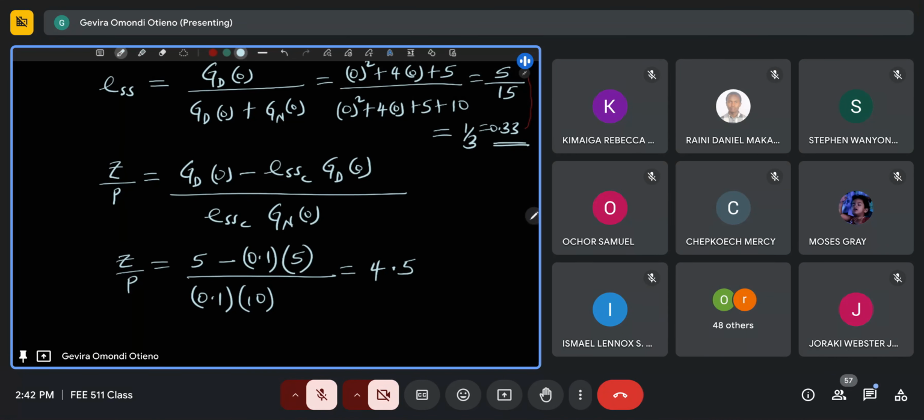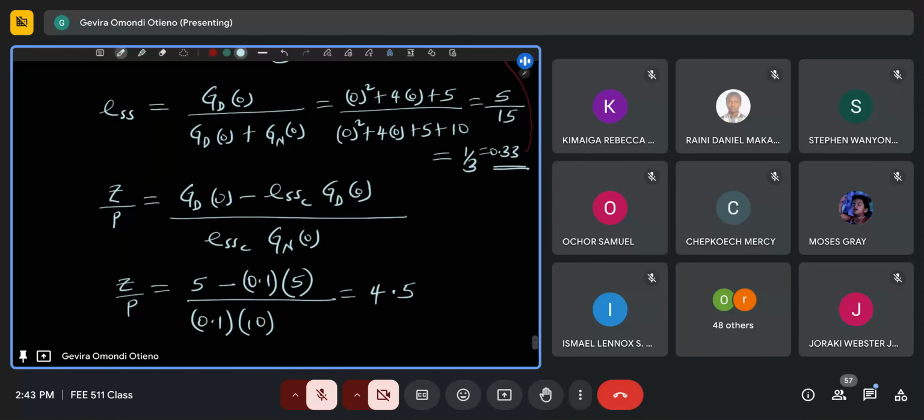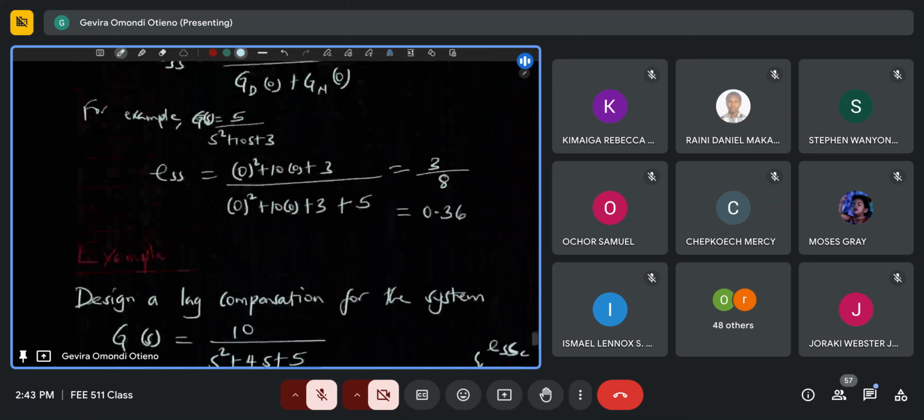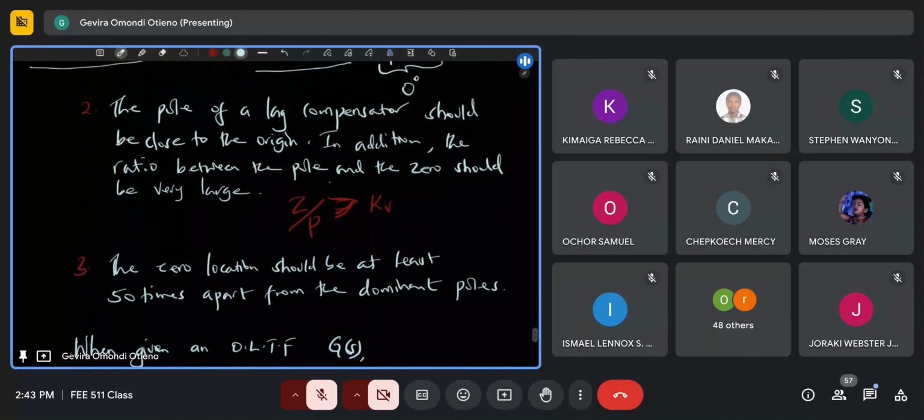That is the ratio. That means the ratio between the 0 location and the pole location should be 4.5. Now, how do we determine the condition that was given here?